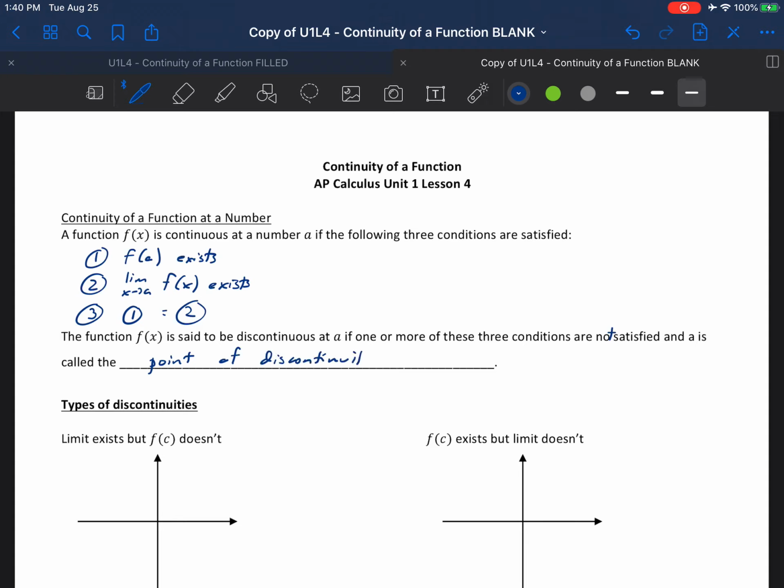We've seen already this point of discontinuity can produce a vertical asymptote. It could also produce a hole. It could also produce, which we haven't really looked at yet, what's called a jump discontinuity, where there's not really a hole, there's a function value, but there's not an asymptote and not a hole, but there's a discontinuous part of the function there.